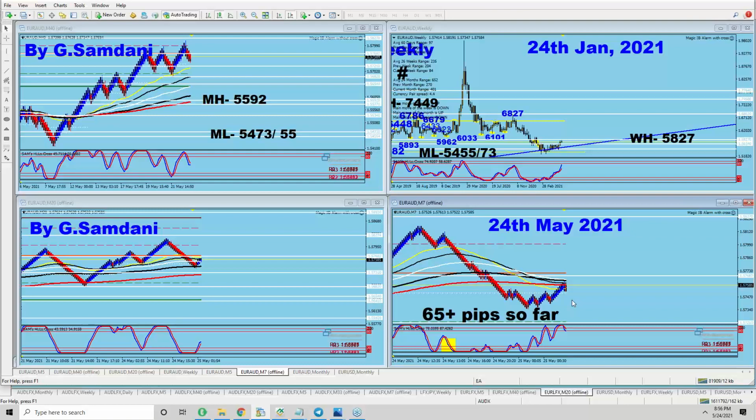And on a few other screens, a few other computers I have, I'm also watching Pound Aussie and other Aussie pairs, because the Aussie news is expected in maybe 35 minutes now. So every time you have a news schedule, this is how I get ready.